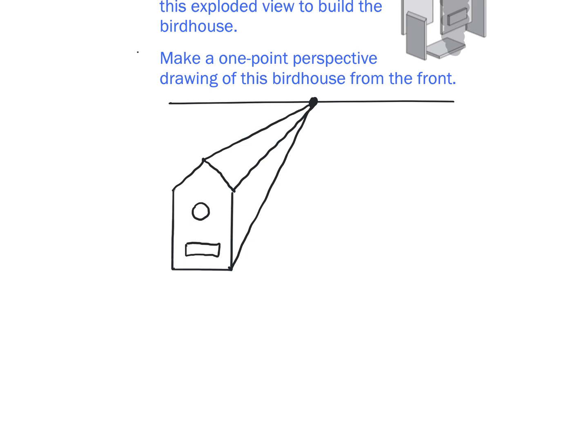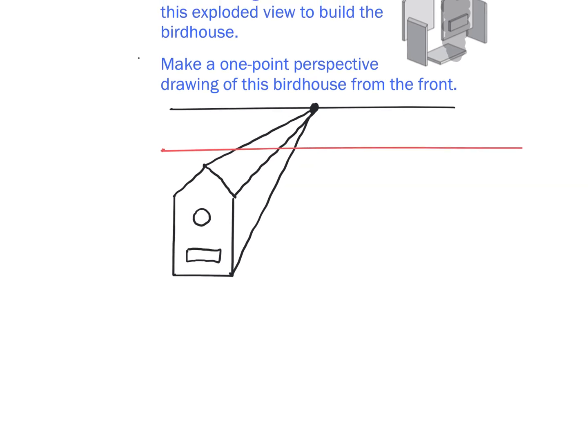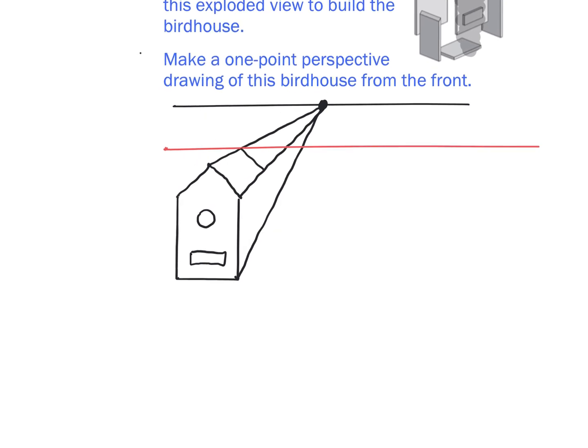And then we just have to decide where our cutoff line could go. That's our cutoff line. Then what we'll need to do is we'll need to draw a line that's parallel. So that would be like right here. And right there.